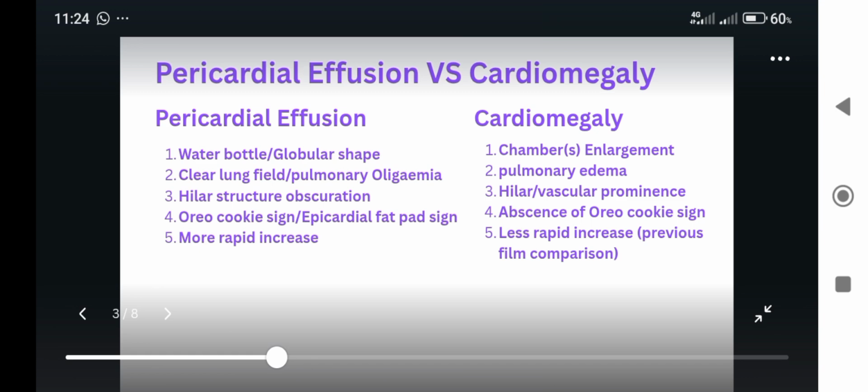You see the heart enlarge, the whole thing becomes enlarged within a short period of time. But in cardiomegaly, it is comparably not that rapid. So if you look at previous films, you can add evidence to what you've gathered, that this one is cardiomegaly compared to pericardial effusion.